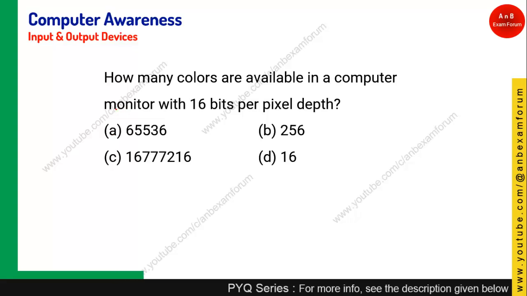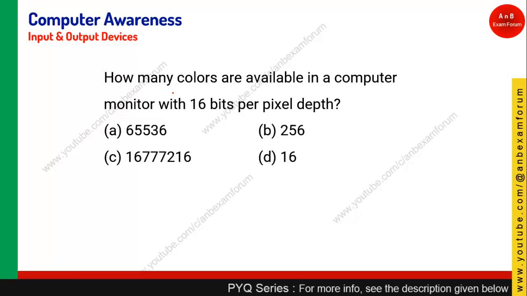Coming to the next question, this is a very next level question. If you know, you know, otherwise you can't say anything. How many colors are available in a computer with a monitor of 16-bit per pixel depth? Whenever you find such a question, you just do 2 power 16, which is a huge number, basically it is 65536.